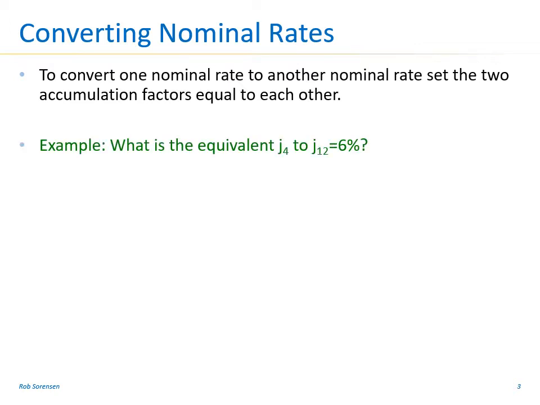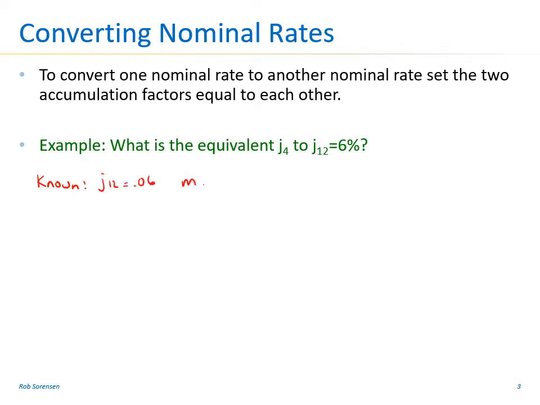What's the equivalent J4 that matches a J12 equals 6%? Or in other words, what quarterly compounded rate would give me the same result as a monthly compounded rate of 6%? Well, the known rate here is the J12 equals 6%, isn't it?